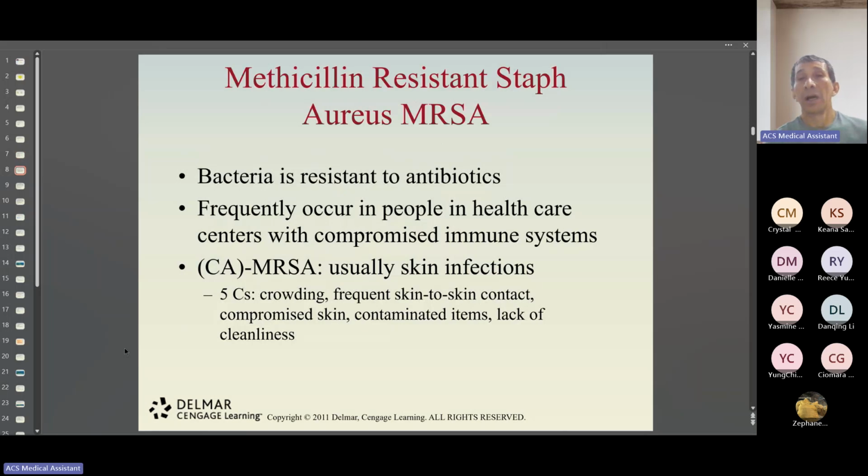This is the acronym for this particular condition. So this is a bacteria that is resistant. It says right here, the bacteria is resistant to antibiotics. But which antibiotics are we talking about? See, it says methicillin. This is the family of the penicillins.